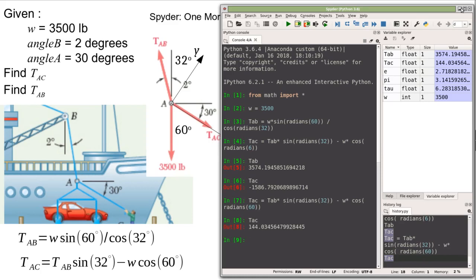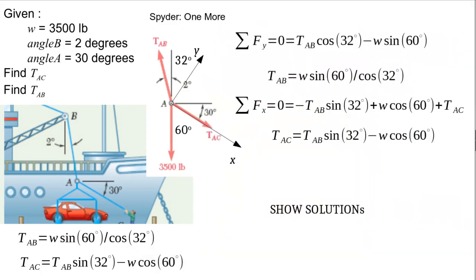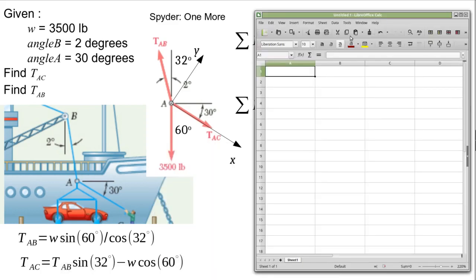Okay, one more thing we could do. We'll do with this one. Just to show you don't really need the things, we could actually use a spreadsheet. So I'm going to say W is 3,500 pounds. Then TAB, and that will be W, but instead of W, oh, I want an equation.